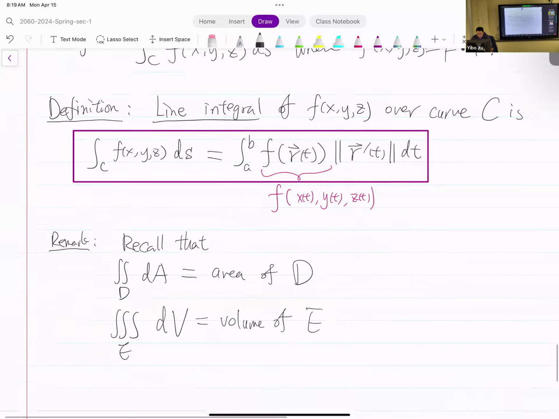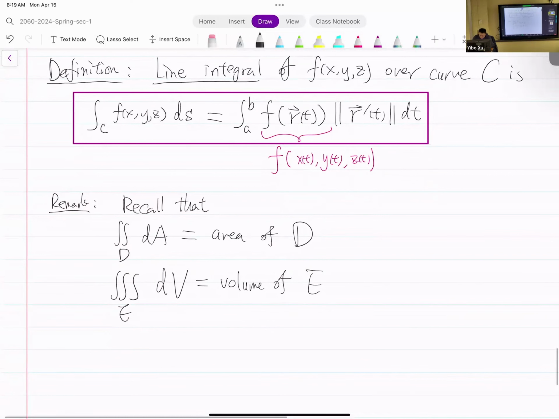But here, similarly, if you are looking at the line integral along a curve C, and you're incrementing with respect to the arc length, that's going to be the arc length of the smooth curve.